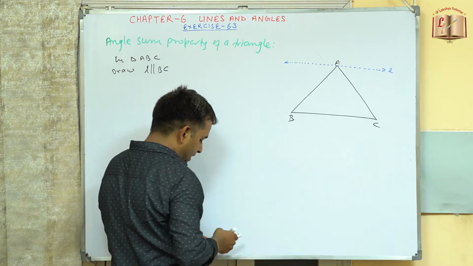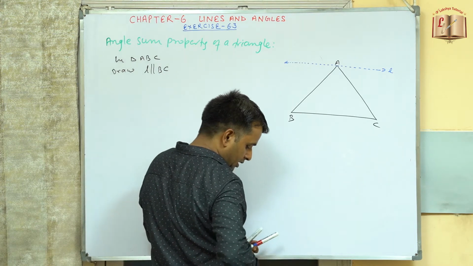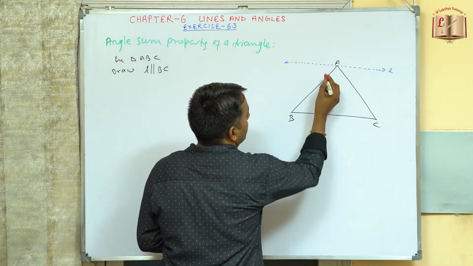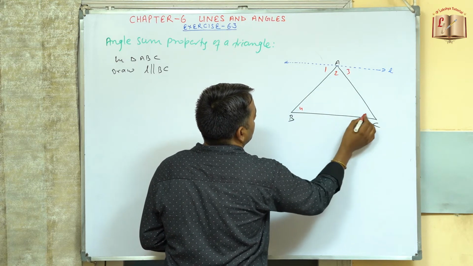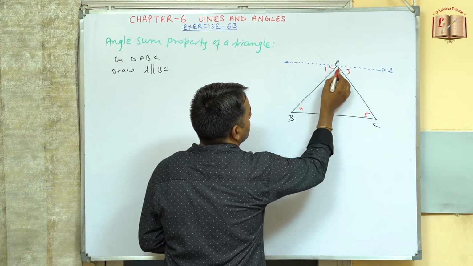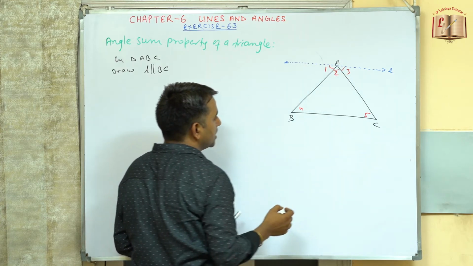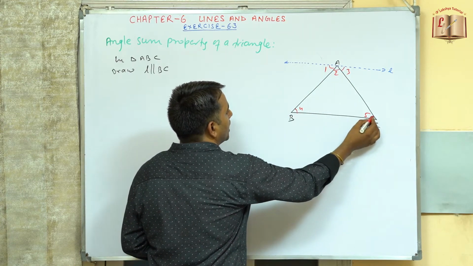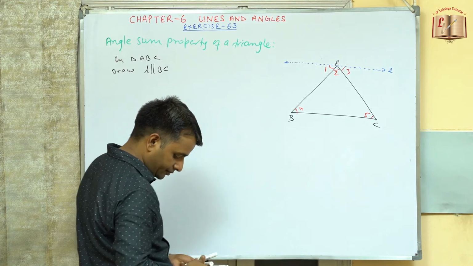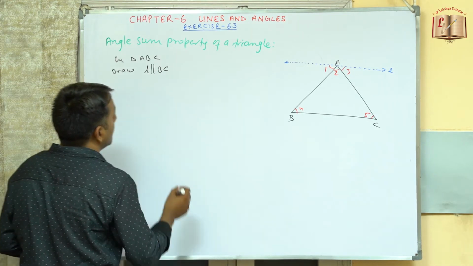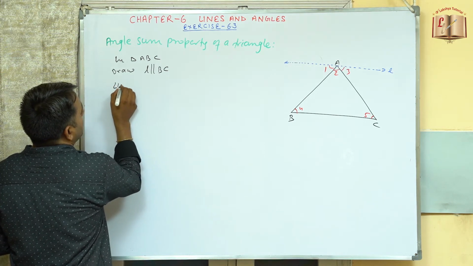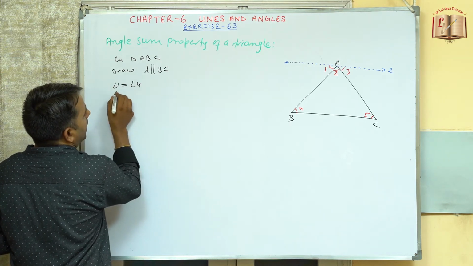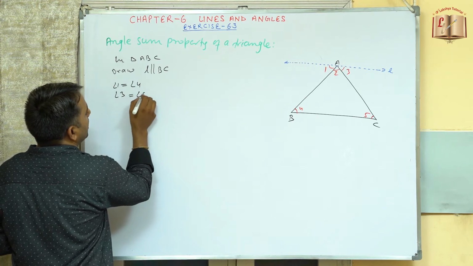Now we can mark these angles. Suppose these are the angles 1, 2 and 3, and suppose 4 and 5. So this is angle 1, this is 2 and this is 3. This is angle 4 and this is 5. Now see that angle 1 is equal to angle 4 and angle 3 is equal to angle 5.